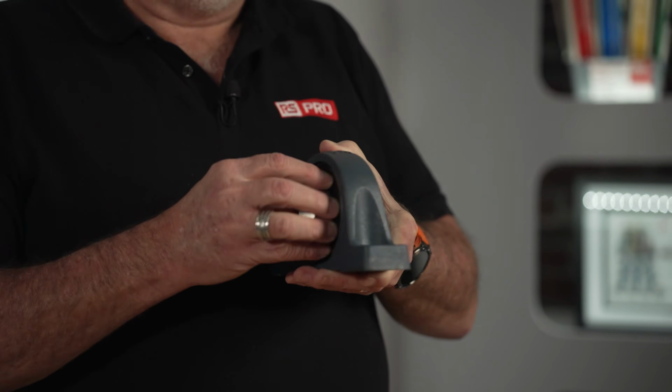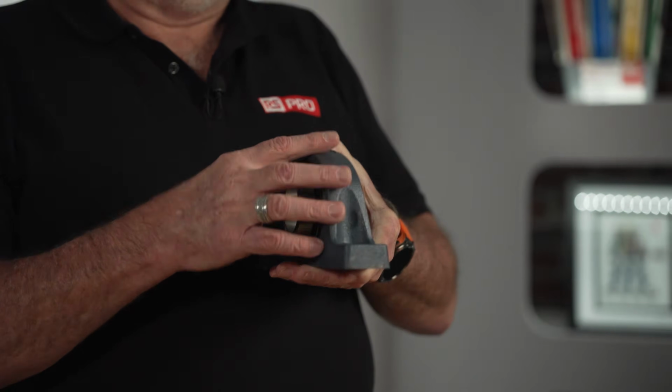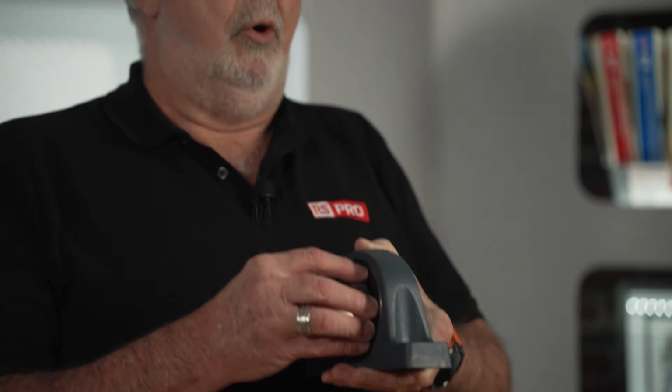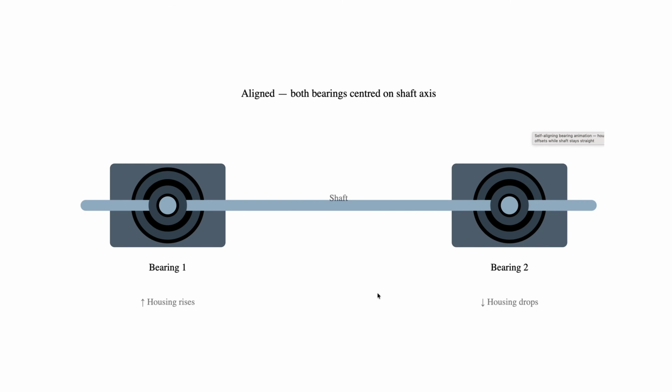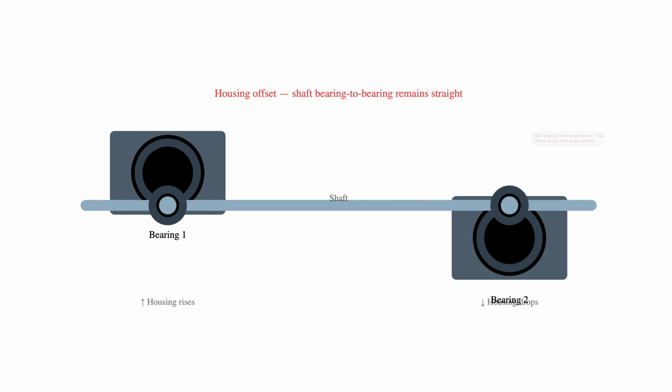If you have a self-aligning arrangement such as this, obviously the optimum is to get both bearings centered and straight with the housing. If for some reason your footing is off, you can have the housing offset, but the shaft, bearing to bearing, must be dead straight.